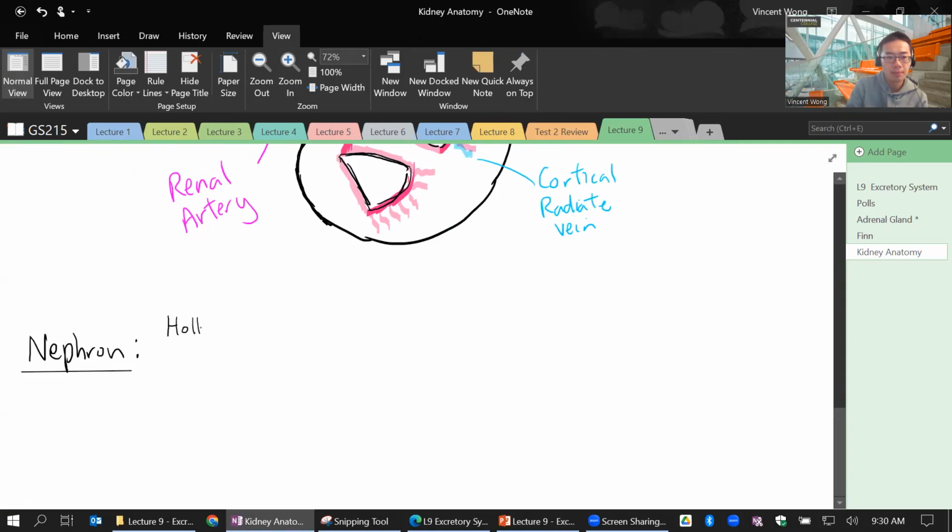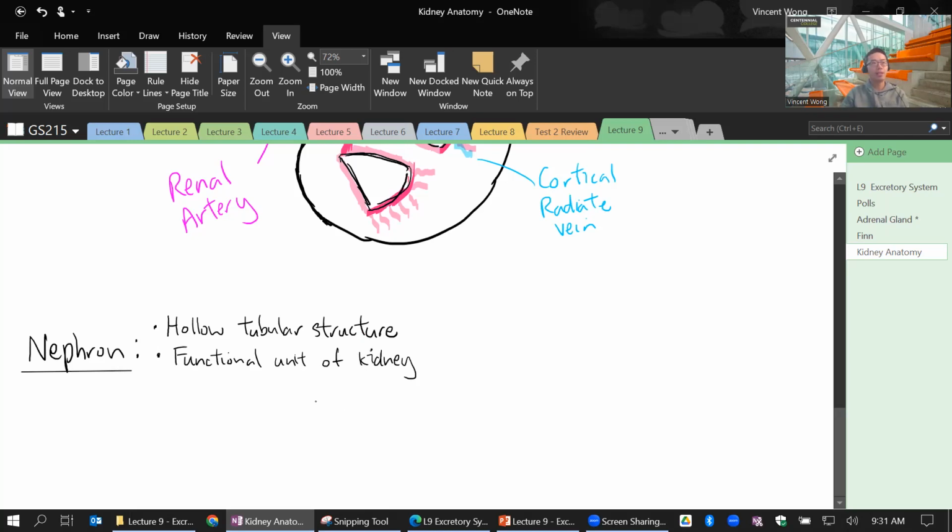Hollow tubular structure. I mean, you have these in your notes as well, but let's just write them down here. They are the functional unit of kidney. You have millions of these inside each of the kidneys.